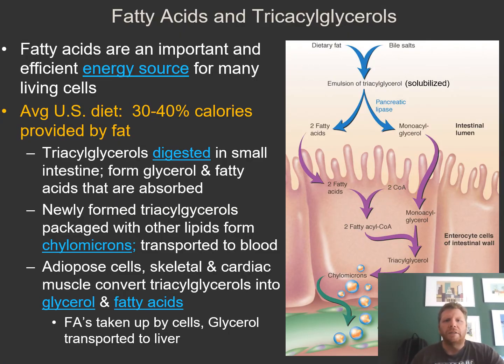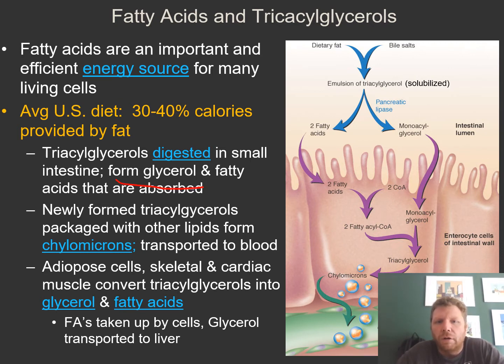Now, fatty acids are important and an efficient source of energy for many living cells. We talked previously about how they're very efficient because they can pack so well. In the average U.S. diet, 30 to 40% of the calories the average American takes in are provided by fat. Triacylglycerols are digested in the small intestine.